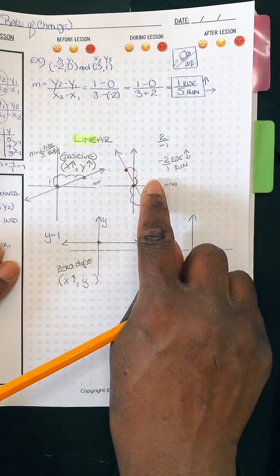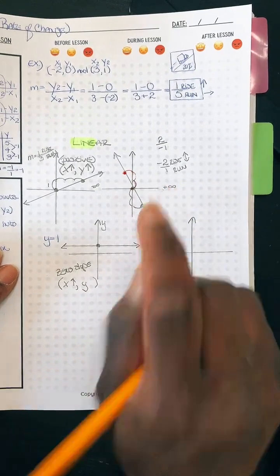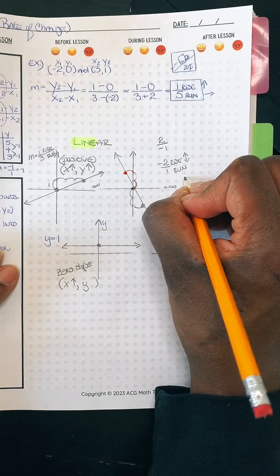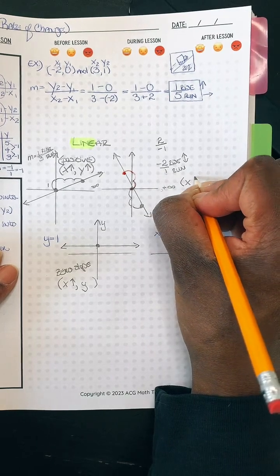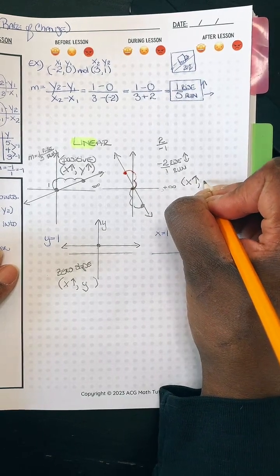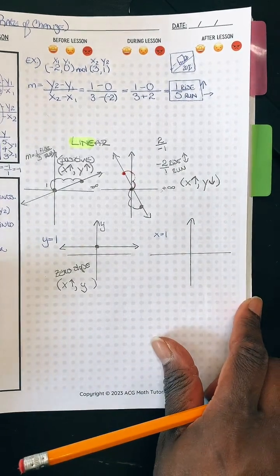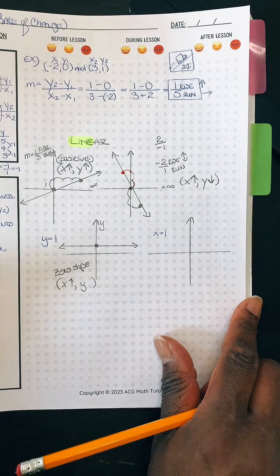And I just realized I didn't do that for the negatives because we got so excited. So for the negatives, as your x's are increasing, your y's are decreasing. Let's see if you can see that.